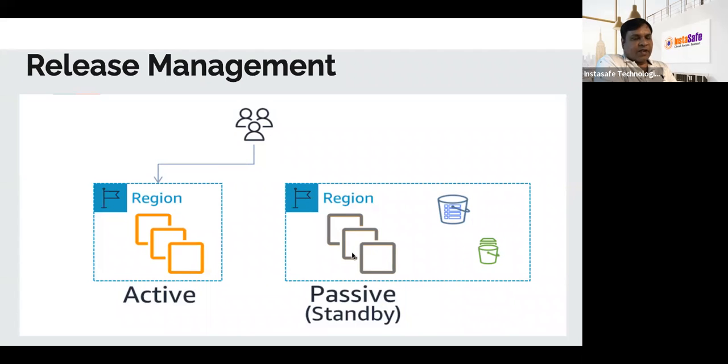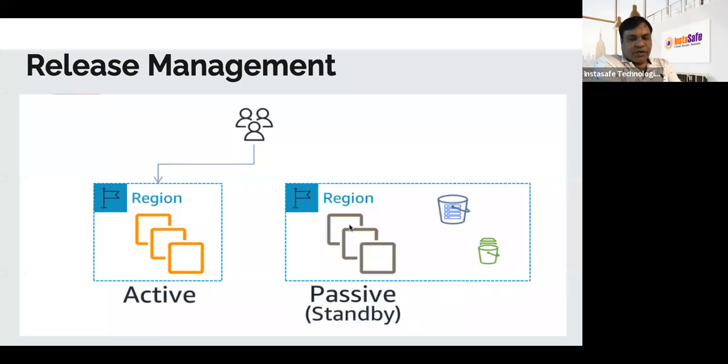On the right hand side, one of the regions will be passive or standby. You do your deployment in this passive or standby stack. Once you do your deployment, you do your internal testing in this region. You have UAT done by the business users, or if you have UAT teams from your customers, you can engage them to test in this passive region where you have done the new deployment.